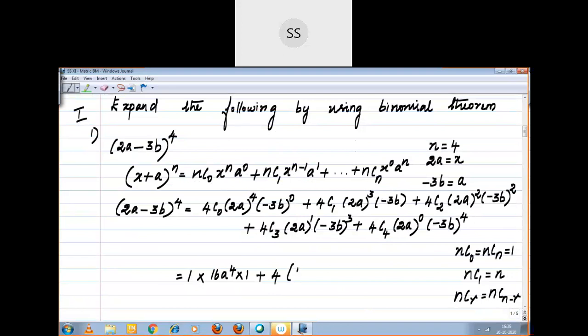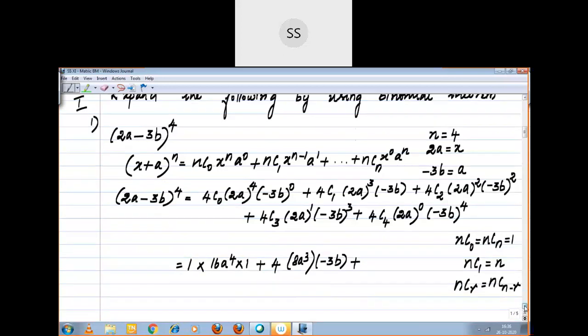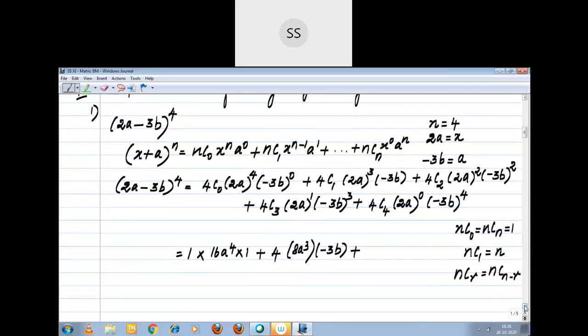(2a) power 3, that is 8a cubed, minus 3b, plus 4C2 equal to, that alone you want to calculate using the formula nCr equal to n factorial divided by (n minus r) factorial into r factorial.